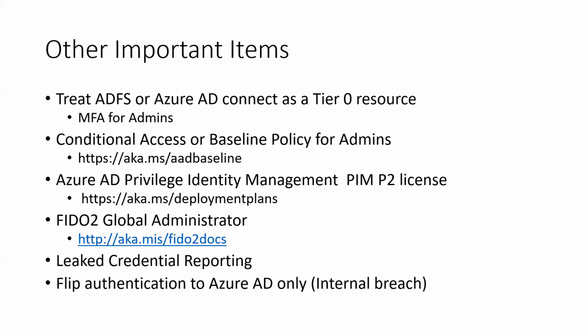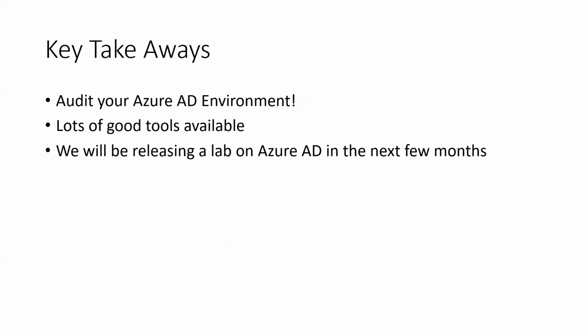I think that comes with the PIM setting. And then on internal breach, you can also flip your authentication to Azure AD only. This gives you the ability to clean up, especially if something like a ransomware attack happens, you have the ability to have authentication going on even if your internal environment is down.